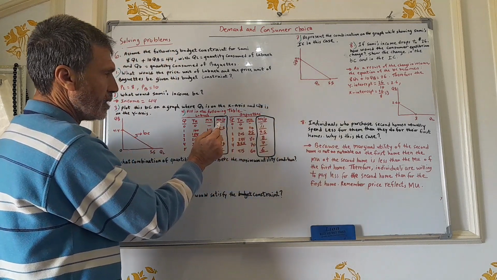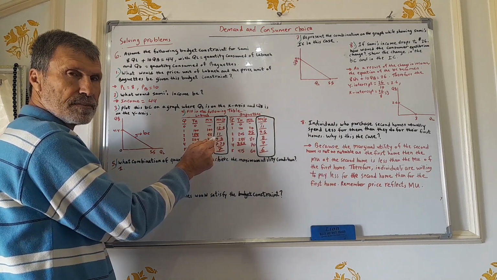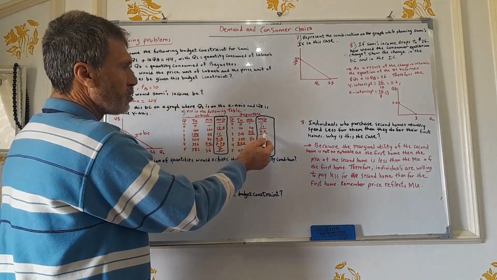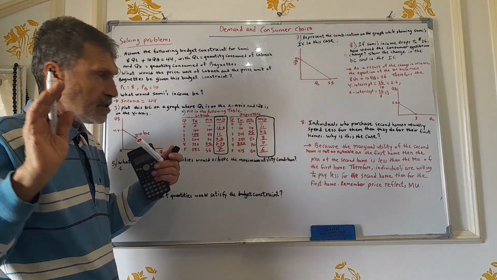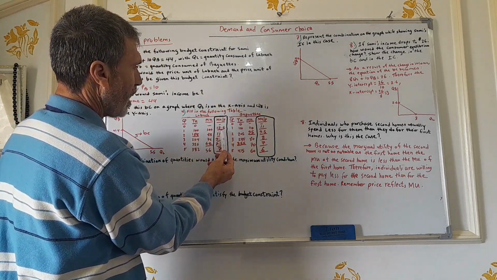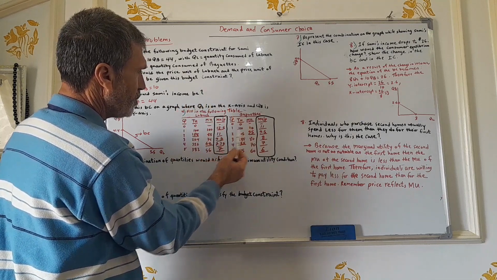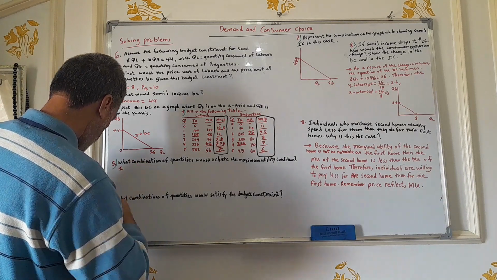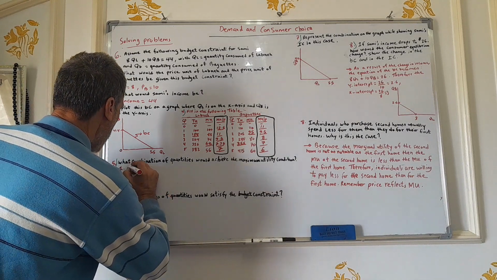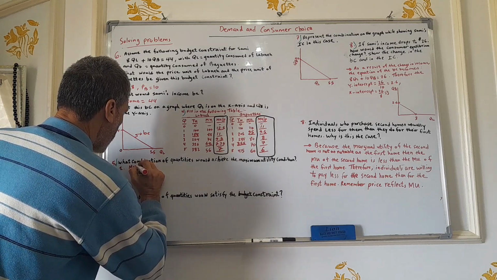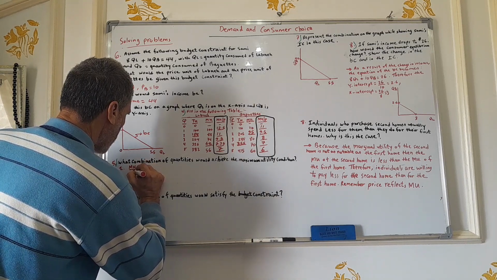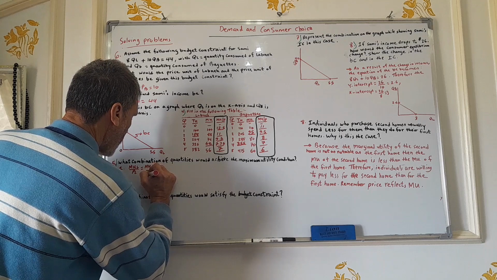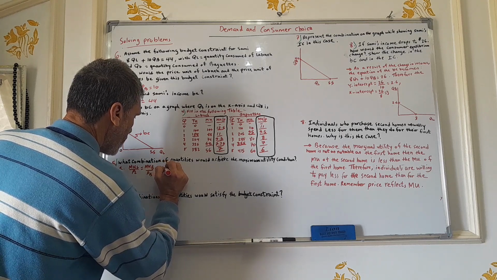We compare the last column, the fourth column under the Lebanese heading, with the fourth column under the baguettes heading. We start with 12.5. Do we have 12.5? We don't have it. 11, do we have 11? Yes, we have 11. So we say marginal utility of Lebanese over price of Lebanese equals marginal utility of baguettes over price of baguettes, which is equal to 11.